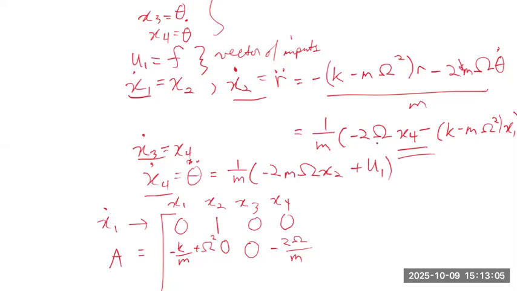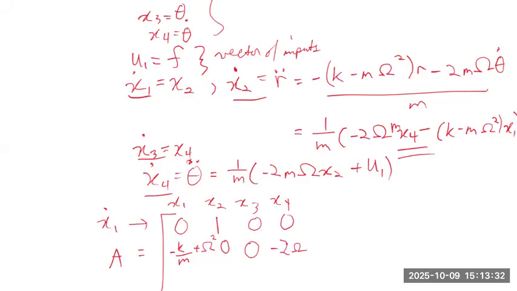So we actually have an m term, so not just that, but negative 2 omega m divided by m. So simply negative 2 omega.